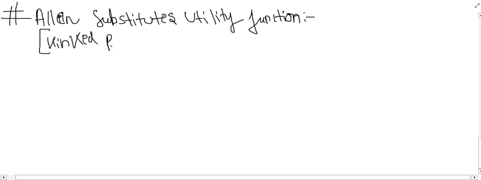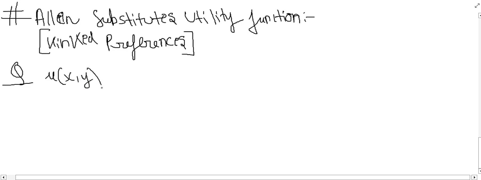Kinked preferences. These kinds of preferences we can only learn through a numerical example. So let's write. Let the utility function, a function of good x and good y, be the minimum of 2x plus y, and x plus 2y.